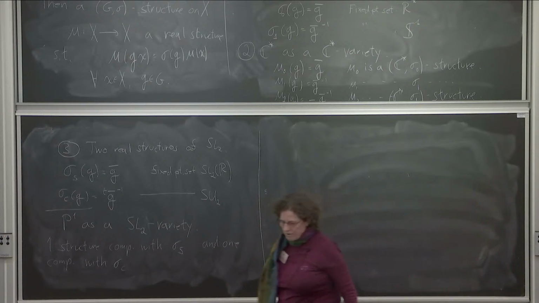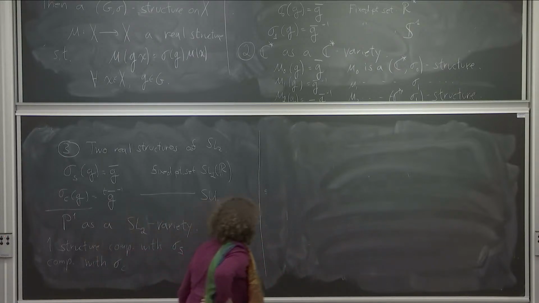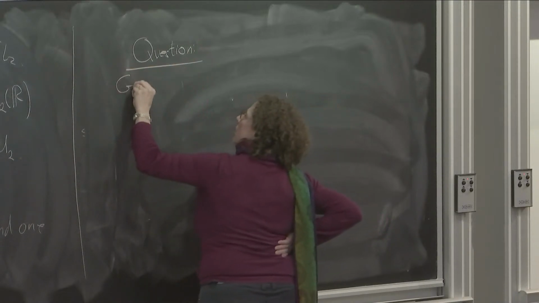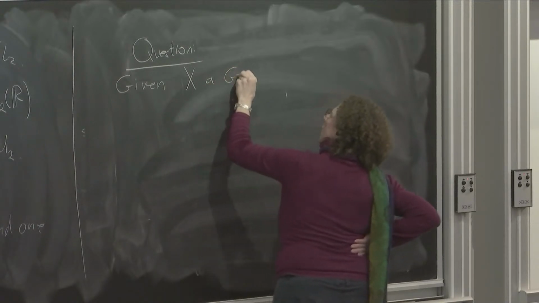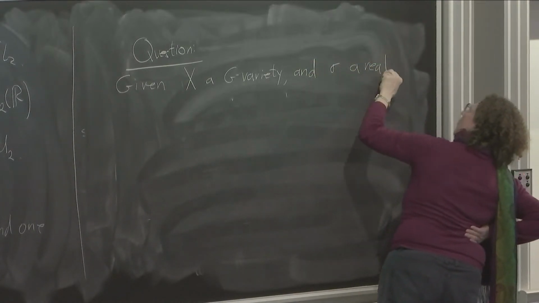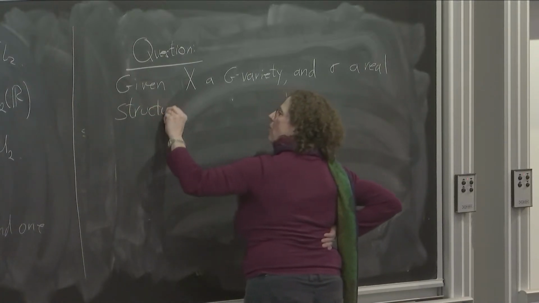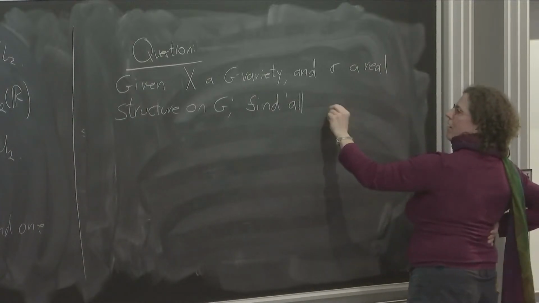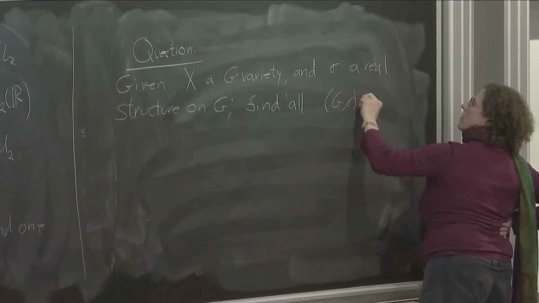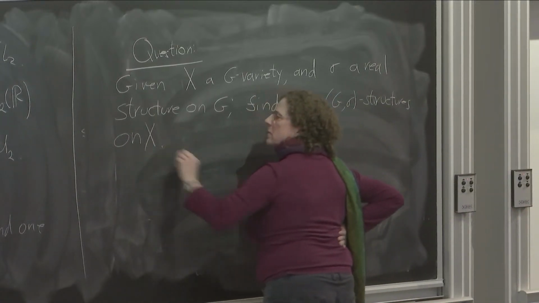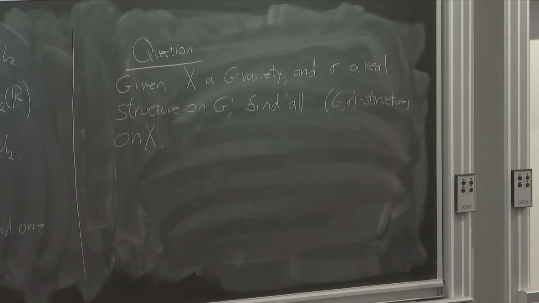So the main question in this theory is: given X a G-variety, and sigma a real structure on G, find all equivalence classes of G-sigma structures on X. This will give us much information about the action of G on X compared to an action of the real points on the real set.